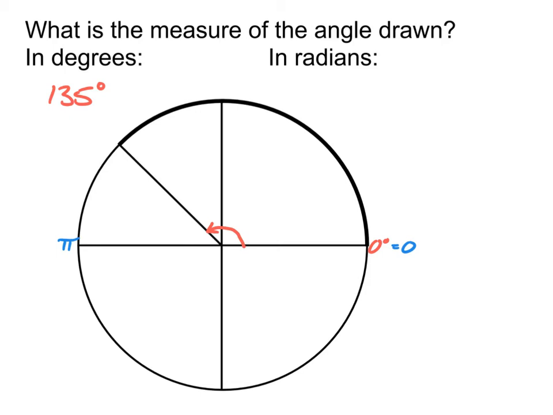Well, this would be half of pi to here, and this looks like it's about halfway past that. So I'd say it looks like it's about 3/4 of pi. If I want to write that all as one fraction, I can write that as 3 pi over 4. And that would actually be a very good estimate of this angle in radians.